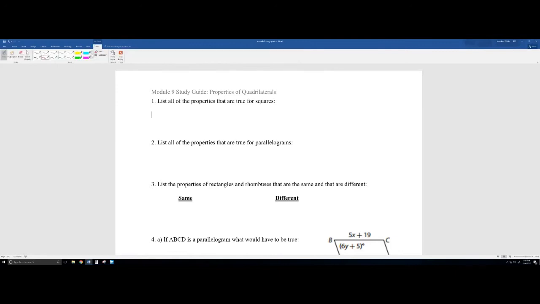So if you guys remember, we had a little diagram of quadrilaterals.